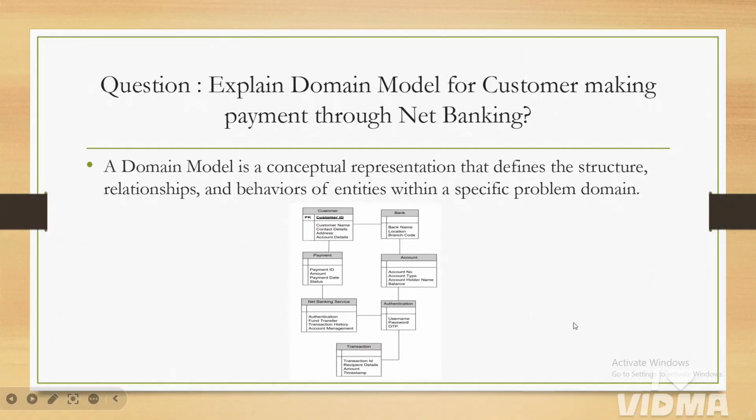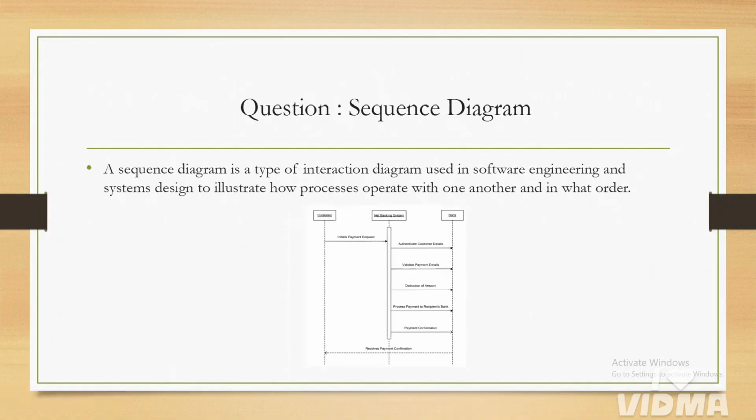So the next question will be about the sequence diagram. The sequence diagram is a type of interaction diagram used in software engineering and system design to illustrate how processes operate with one another, and in what order. The best thing, I will say, is that the sequence diagram is not drawn by the business analyst.